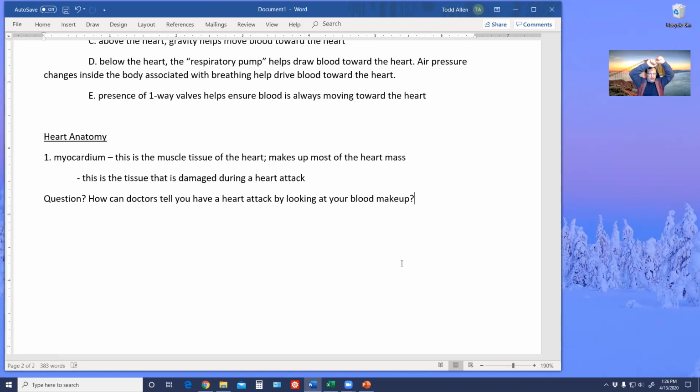How does that work? Some of you may even be working in hospital or medical settings where you're aware of a certain test that's done, and we can explain to you how that works. How can doctors tell you have had a heart attack by looking at your blood makeup? Any thoughts?